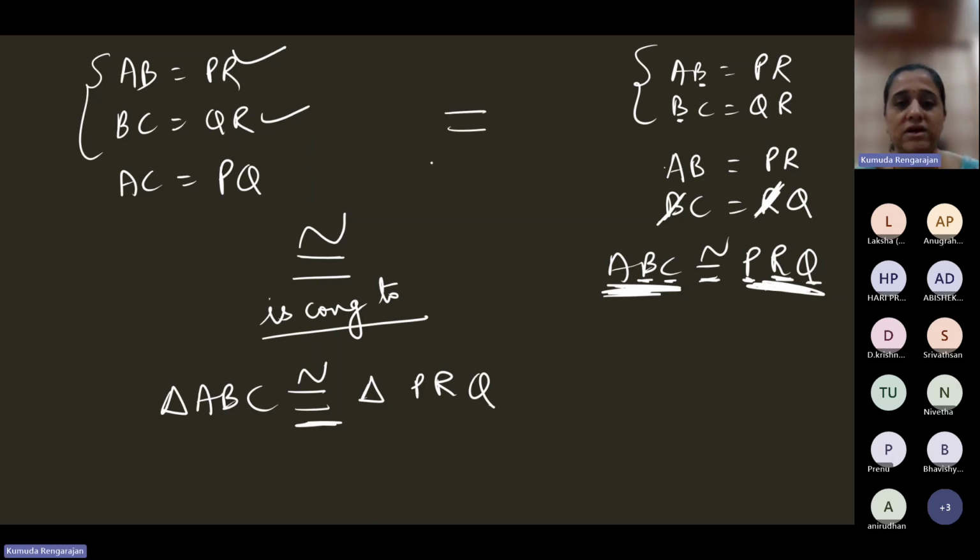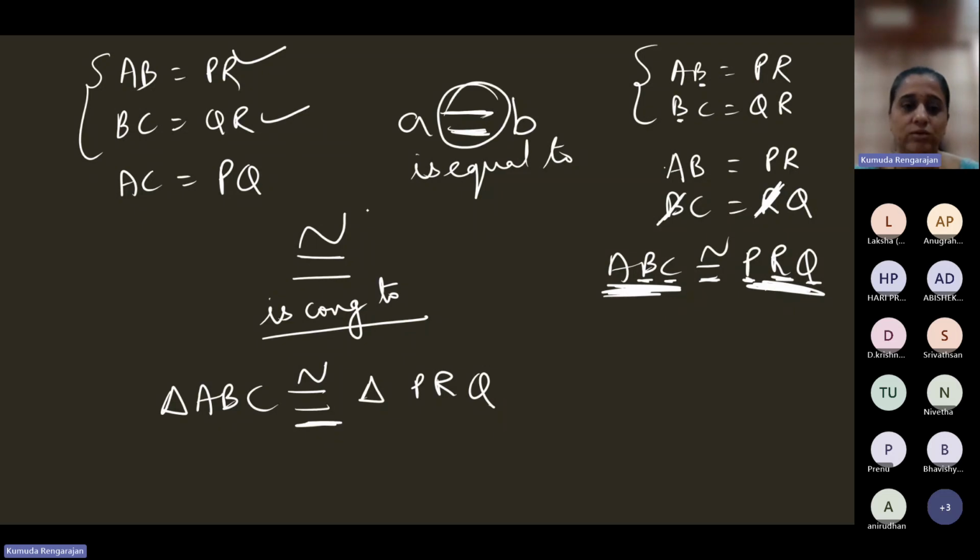Like what is this? Is equal to. The symbol is equal to. A is equal to B. This one is equal to. Is congruent to. Triangle ABC is congruent to triangle PRQ.